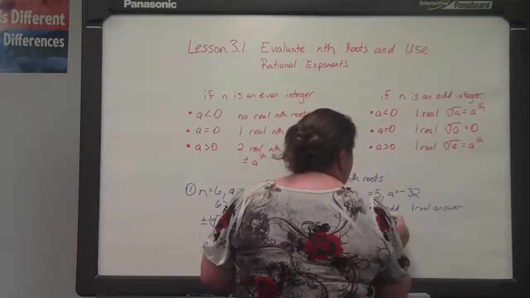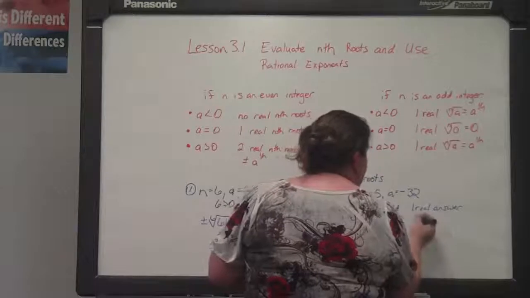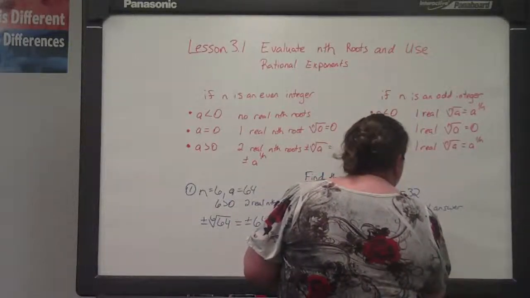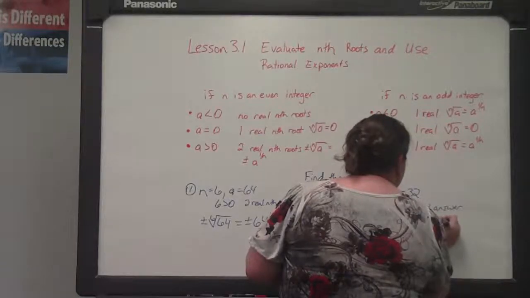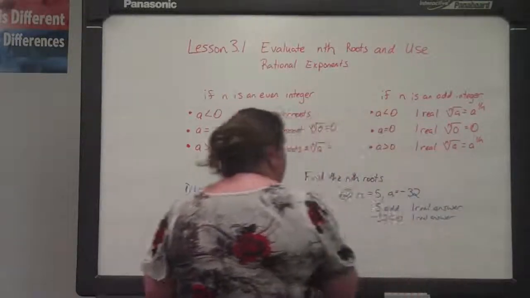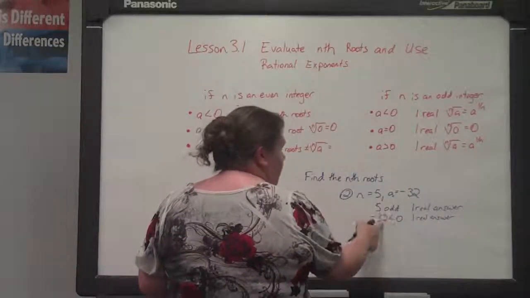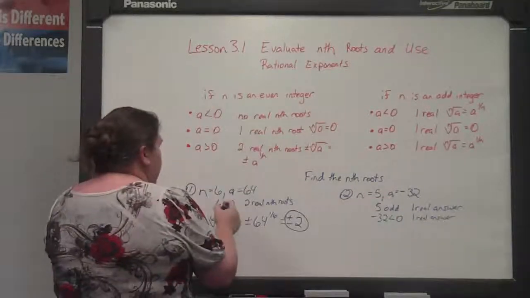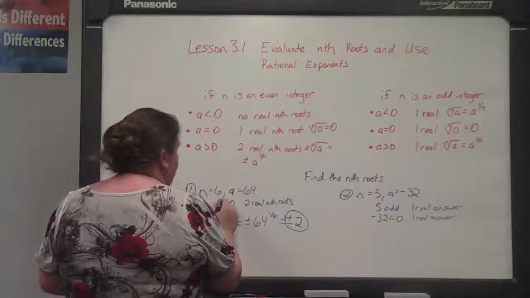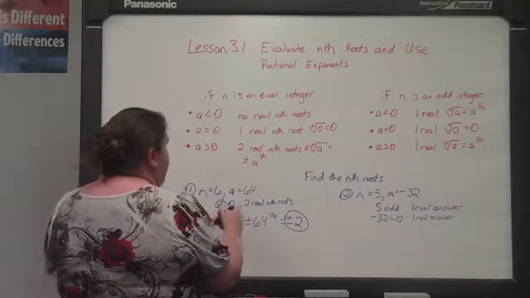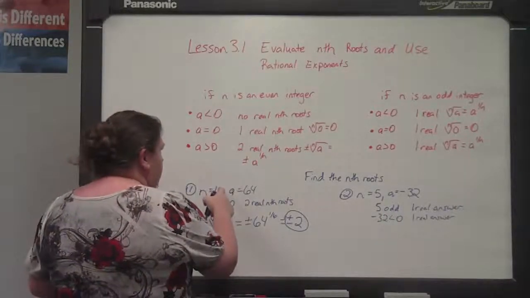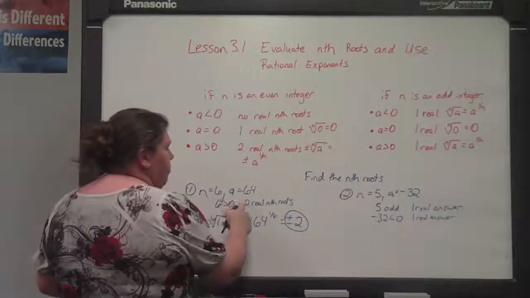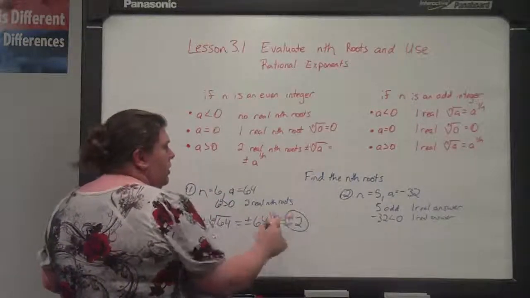Well, negative 32 is less than 0, so again I have one real answer. Because it's odd and less than 0, I have one real answer. Over here, it should have been that 64 is greater than 0 and that 6 is an even number. So that's where we get the two real nth roots.